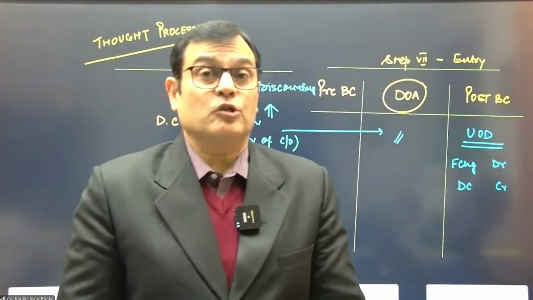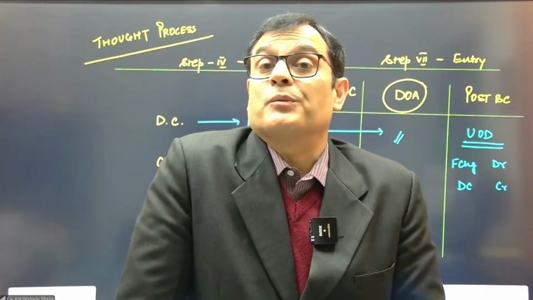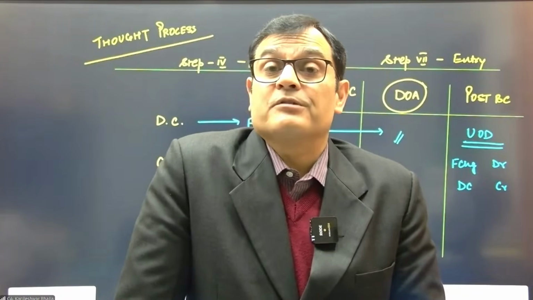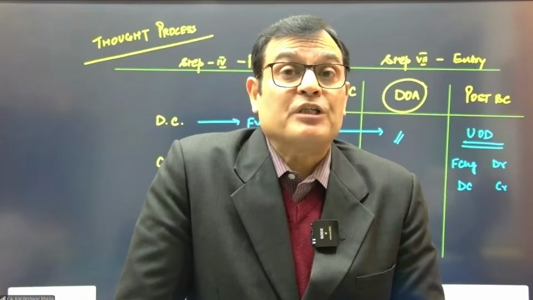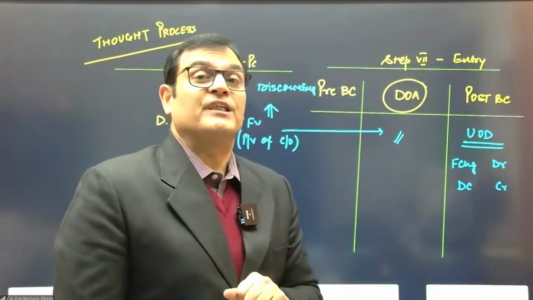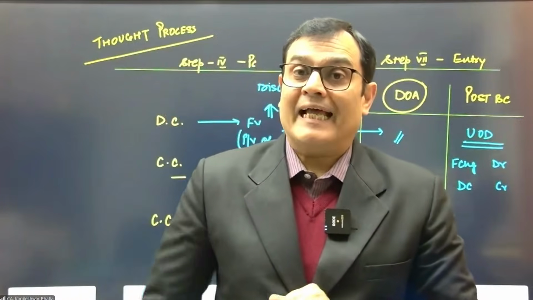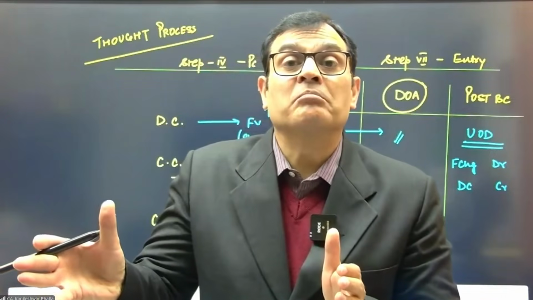All these concepts are going to be useful in terms of consolidation, Ind AS 110 as well. Even in terms of Ind AS 110, I remember there was a question which came in the exams, and in that particular case, there was an omission of a DC entry. And 2 years had already passed by and the entry stands omitted.